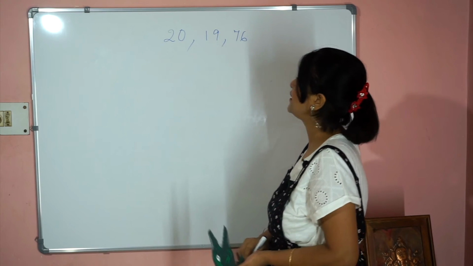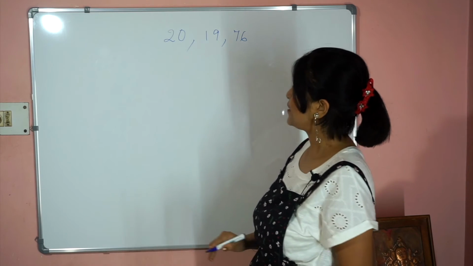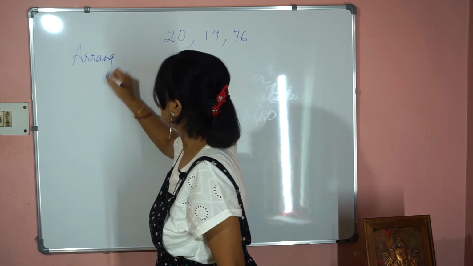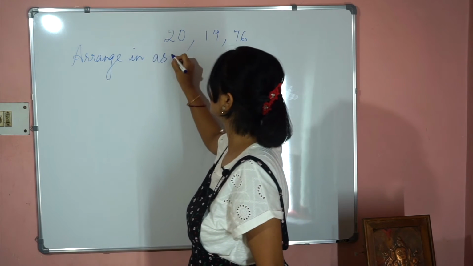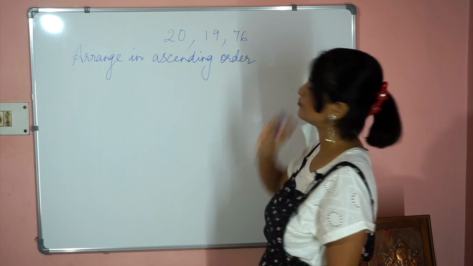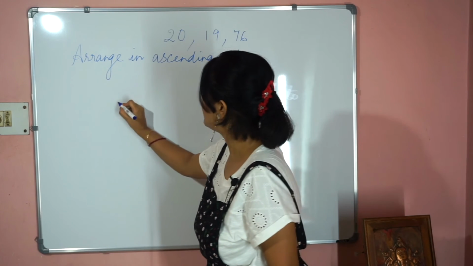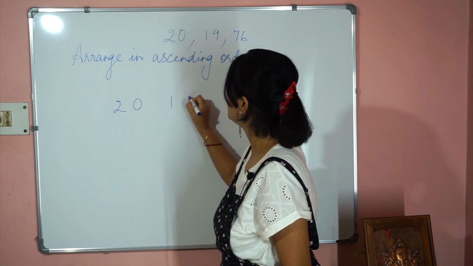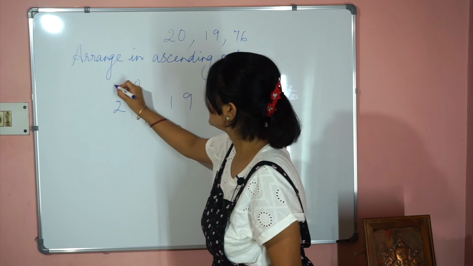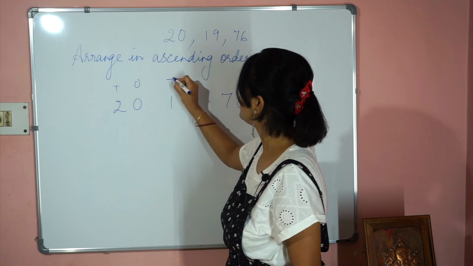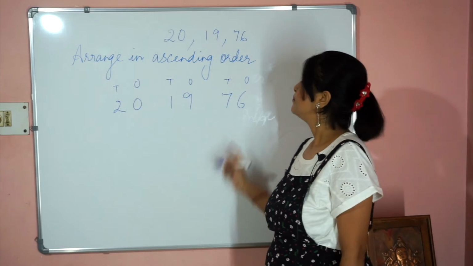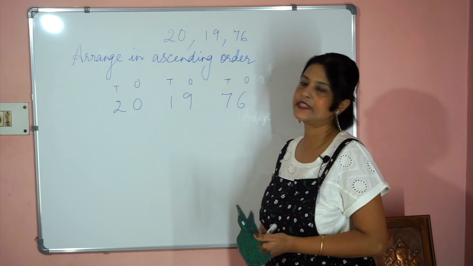So, over here children, my question is arrange in ascending order. So, let me write down the numbers given: 19, 76. Now, this is the ones place, this is the tens place, ones place, tens place, and over here also I have written the place for each of the digits.